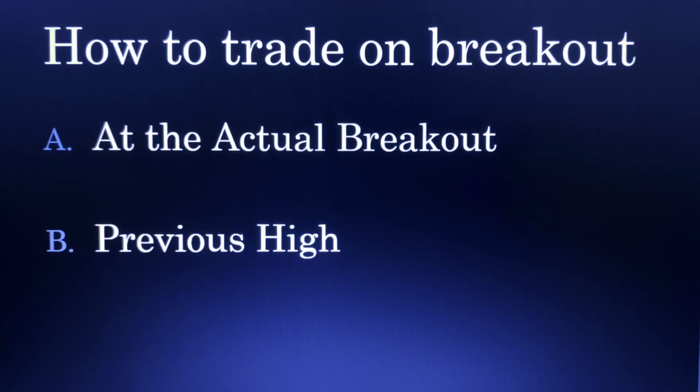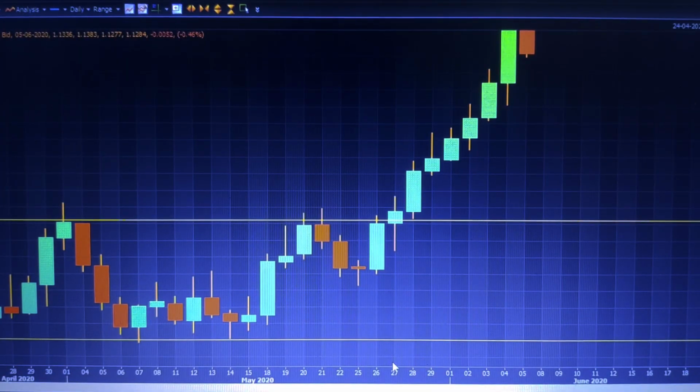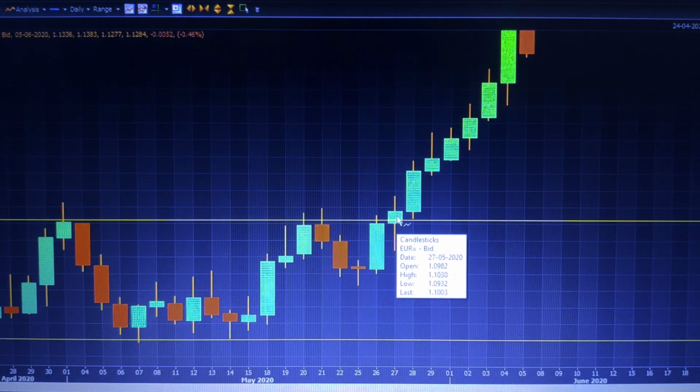Next, we can look into the previous high. What is the previous high here? We are saying that the previous candle's high is kept as the previous high. Here we keep this candle's high. Once the breakout happens, the next candle opens below, trades higher and closes above this breakout or resistance level.